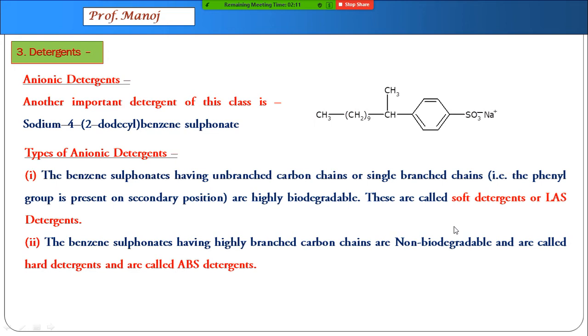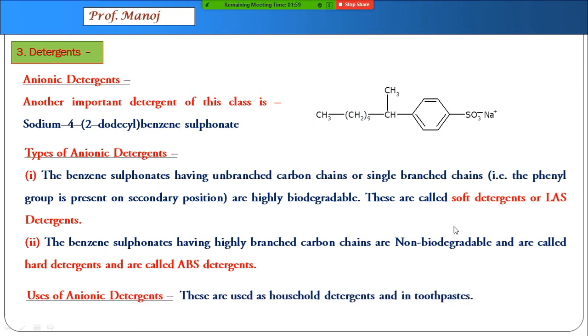Remember, the ones which are biodegradable are called soft detergents, LAS. The ones which are non-biodegradable are hard, called ABS. Our household detergents, the ones which are used in toothpaste, are all basically anionic detergents.